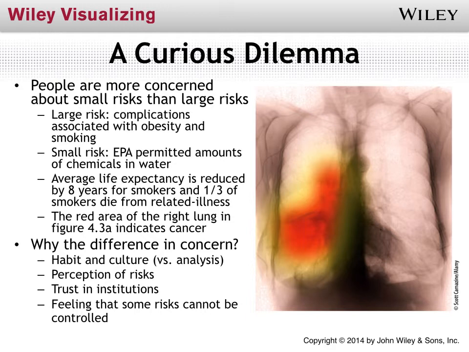So why the difference in concerns? Well, a lot of it's habit. Again, we develop habits like smoking or having a poor diet, or they can be affected by a culture of a group of people versus actually analyzing the risks. Again, it's all about perception of risks.